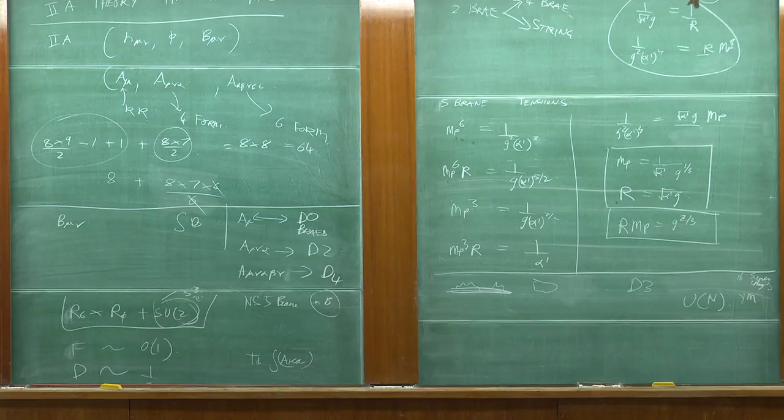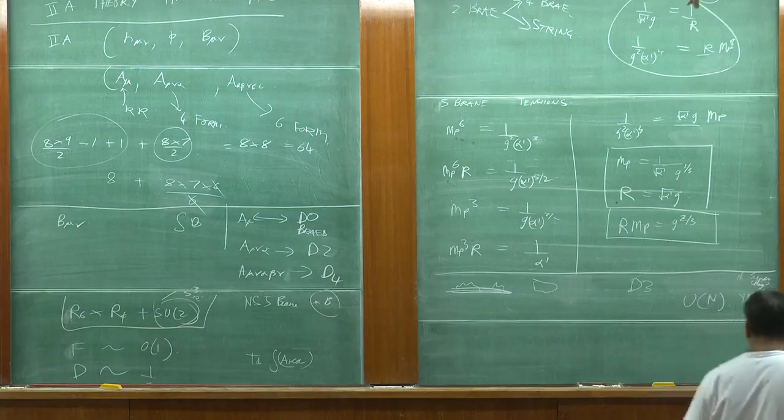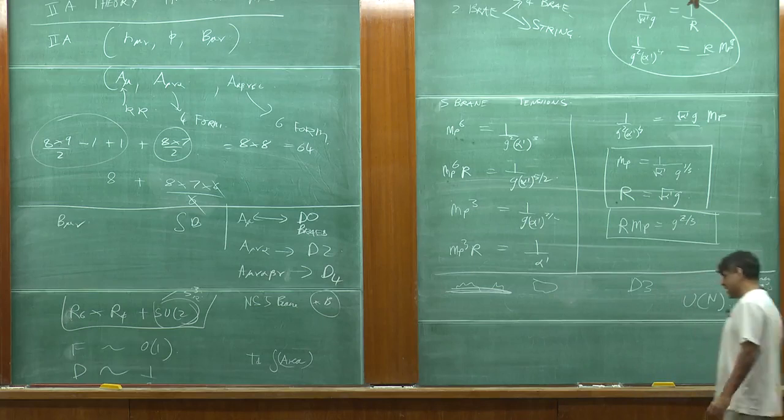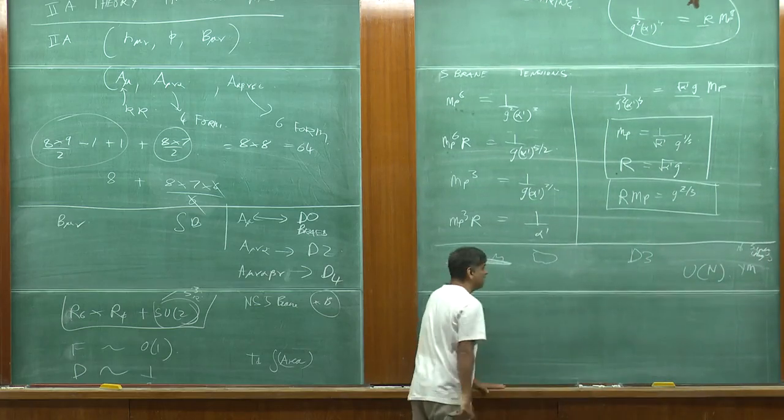On a D2 brane, you'd have a 2 plus 1 dimensional U(N) Yang-Mills theory. On a D3 brane, a 3 plus 1 dimensional one. On a D4 brane, a 4 plus 1 dimensional U(N) Yang-Mills theory. That will be of most interest to us in this paper, the D4 brane. Okay? And the last question you might ask is, what is the value of the gauge coupling?